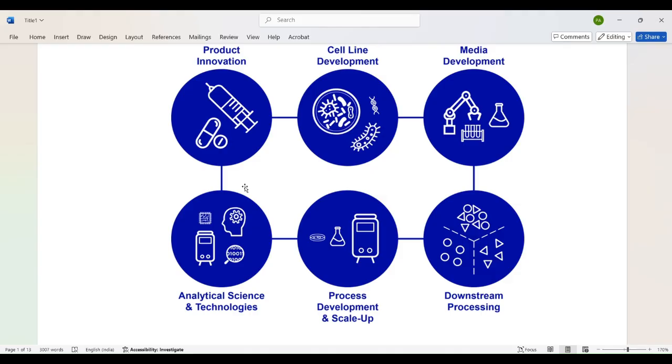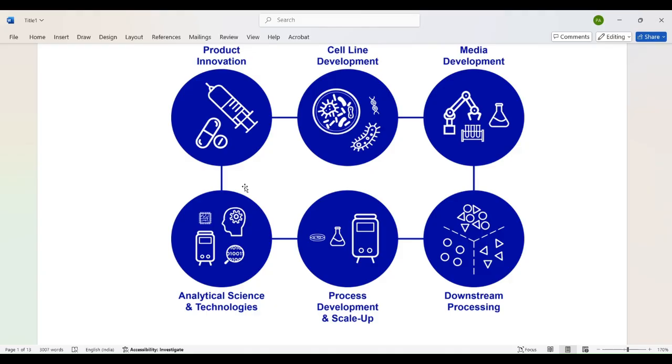As you can see in this chart, first is product innovation. So how can we produce insulin out of bacteria? That is one thing. Then cell line development. As I just gave you the information about the gene integration of insulin production into the bacteria, we require a particular bacterial cell line through which it will get produced.